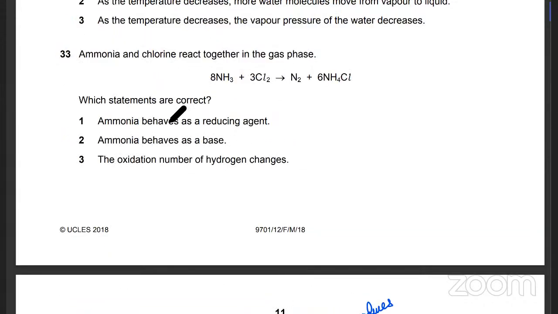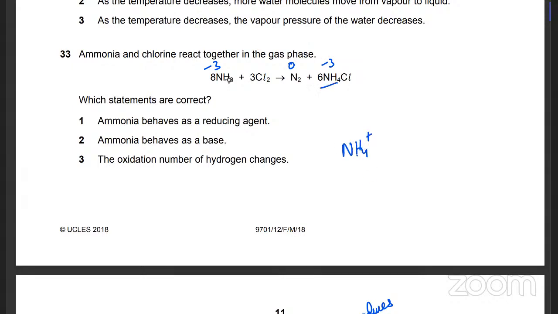Which statements are correct? Ammonia behaves as a reducing agent. Is it behaving as a reducing agent here? How did the oxidation state change? -3 to 0, so it is oxidized. And over here, it's also -3. This is NH4+, right?